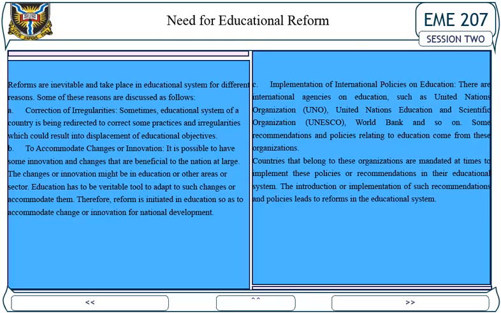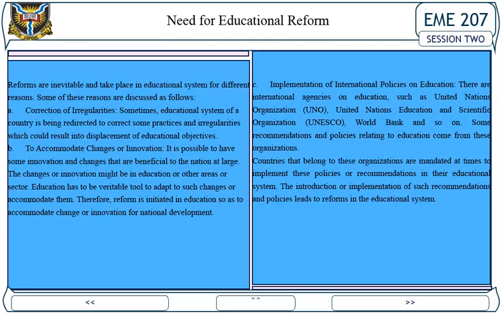The changes or innovation might be in education or other areas or sector. Education has to be a veritable tool to adapt to such changes or accommodate them. Therefore, reform is initiated in education so as to accommodate change or innovation for national development.